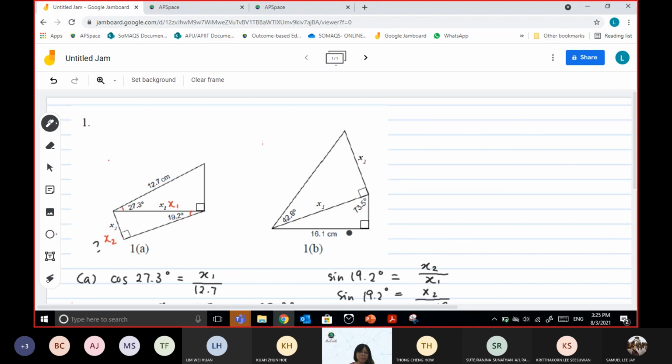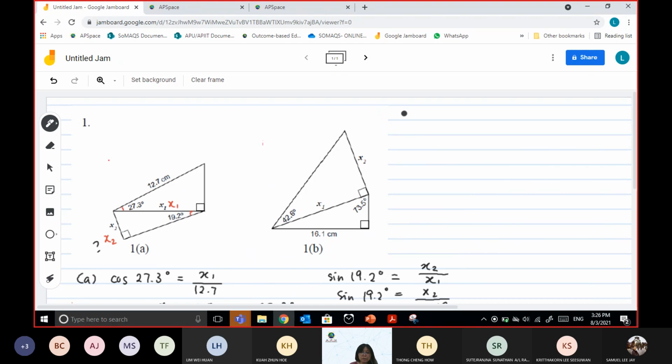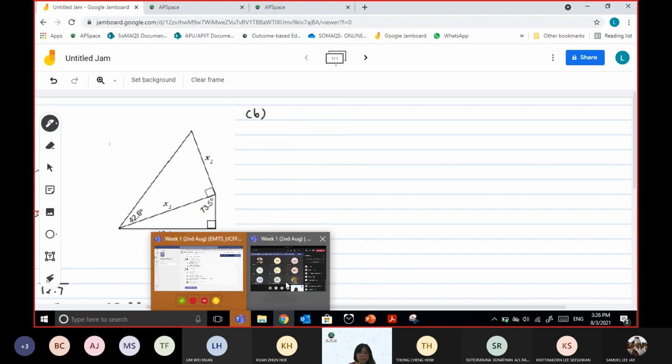For the triangles in B, we use a similar way to solve this. May I know how others solve the questions? This one is x2, 3.71. Let's move on to part B. Can I have another student?